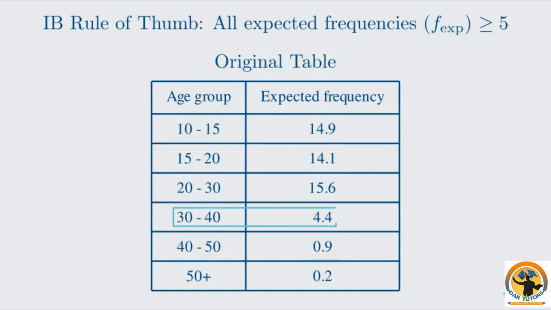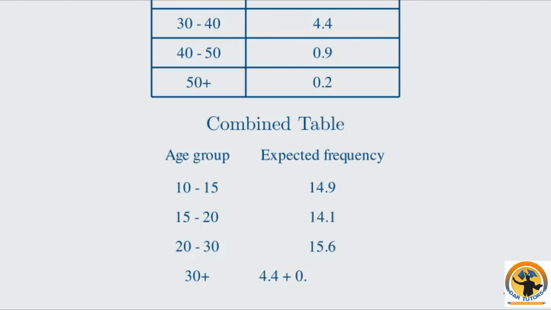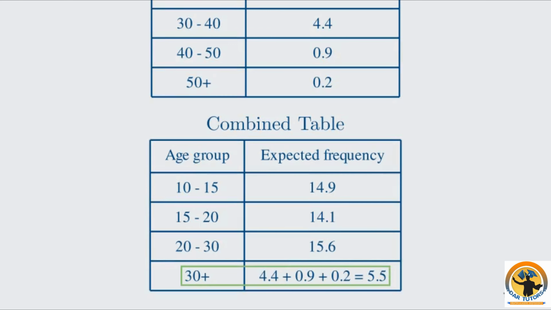Since both are less than 5, we combine them with the preceding category, 30 to 40. The new combined category is 30 and over, and its expected frequency is the sum of the 3 original expected frequencies, which is 5.5. Now all our expected frequencies are 5 or greater, so we can proceed with the test.